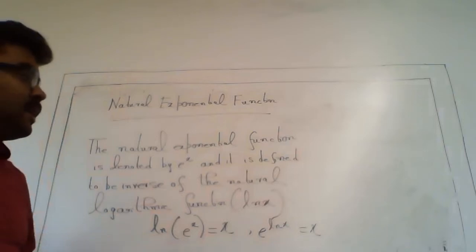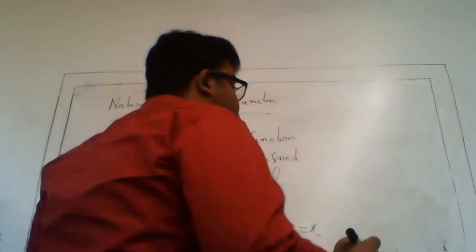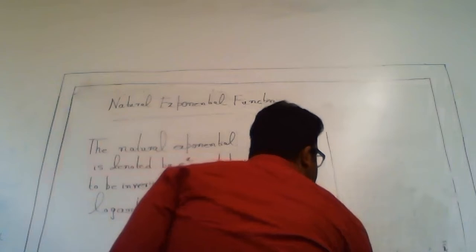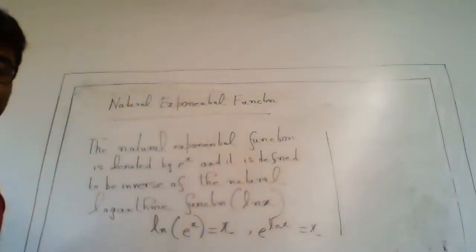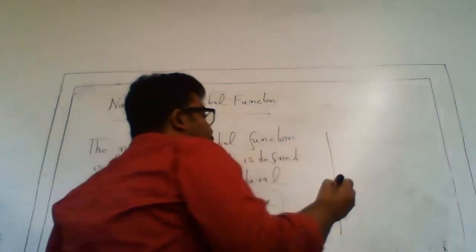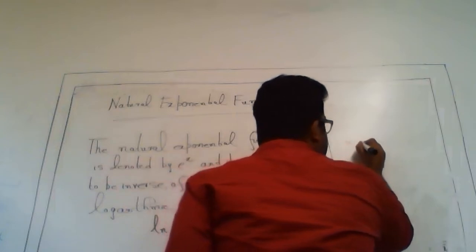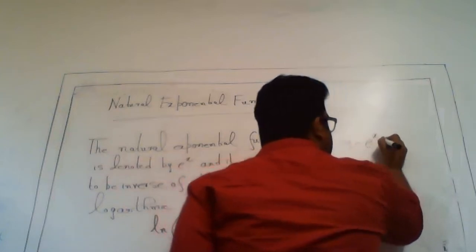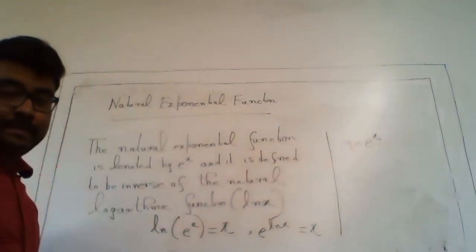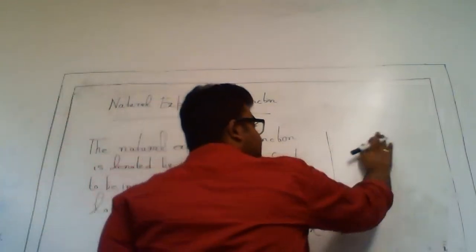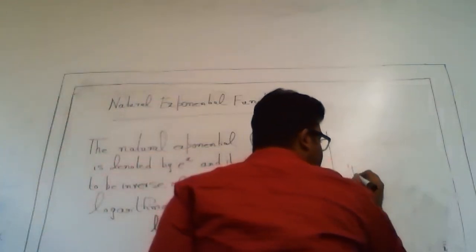In the same way, we have another property which also follows from the fact that e to the power x is just the inverse of ln. If I have y equal to e to the power x, let me write it down so that it becomes more visible.